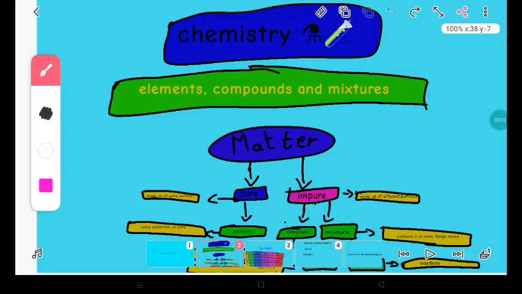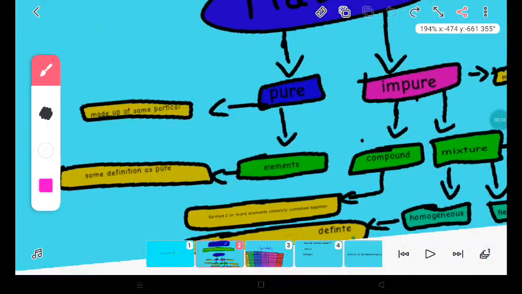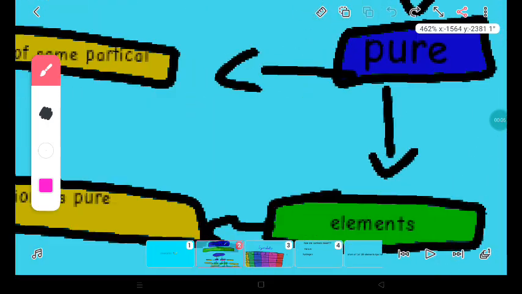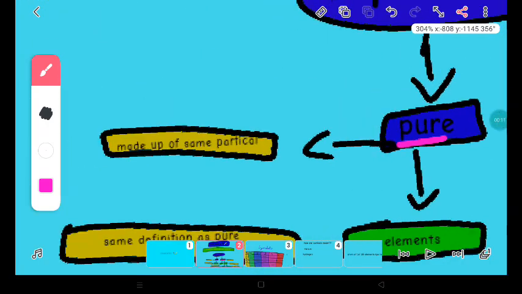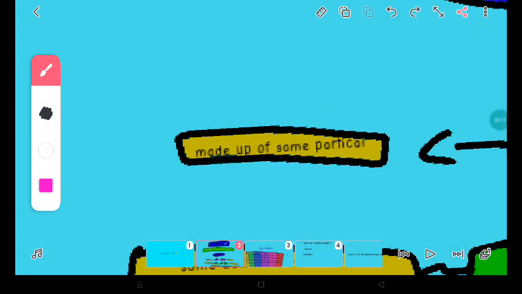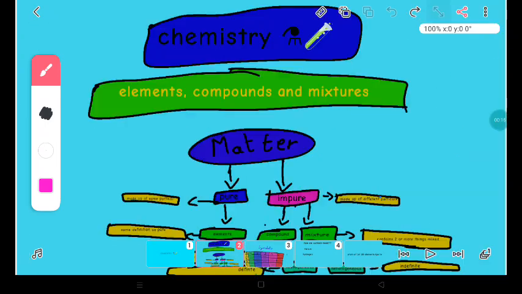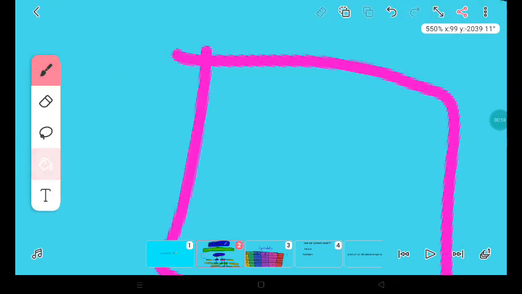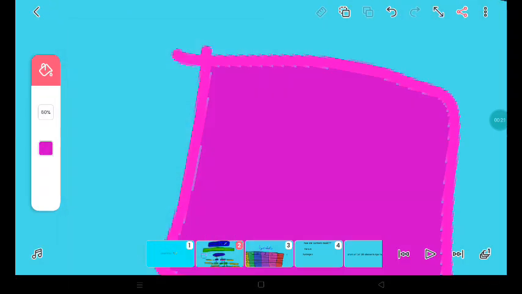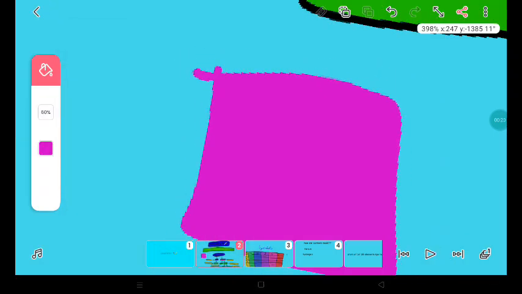Hope you're doing fine. Today we are going to be studying what elements are. In the previous video, we learned that pure substances are made up of the same type of particles. For example, this pink box is made up of pink only.